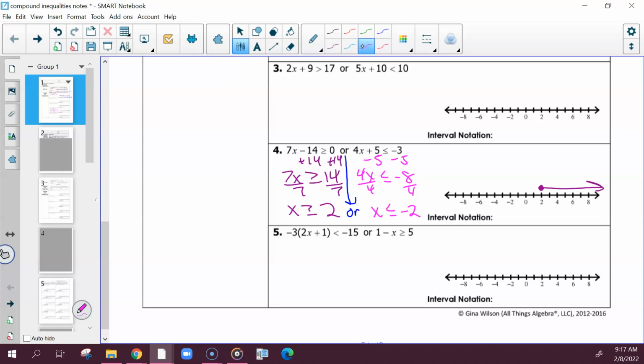X is less than or equal to -2 would be a closed circle at -2 going to the left. If you want to rearrange it to make it look more like what you drew on your graph, you definitely can, but you don't have to.